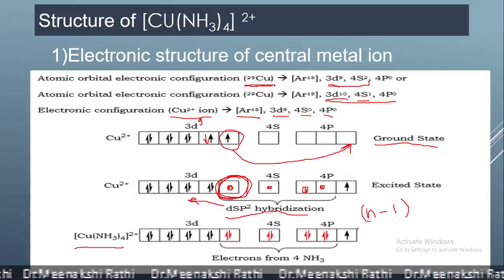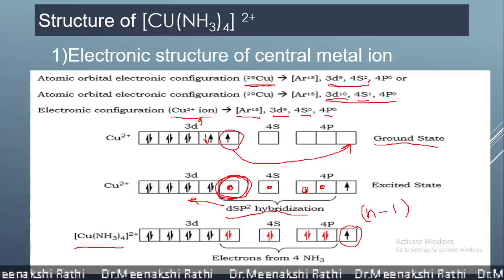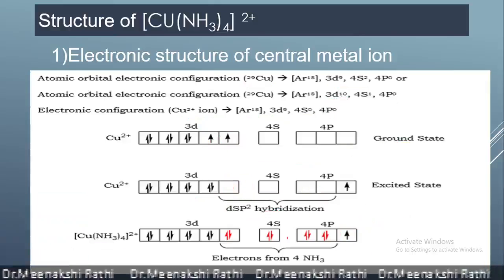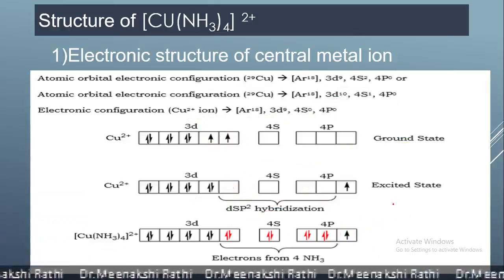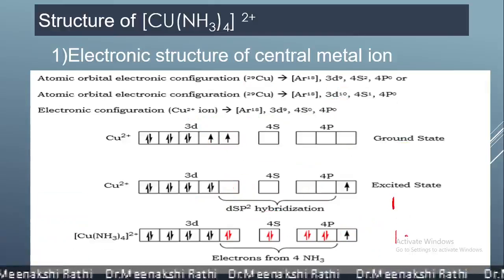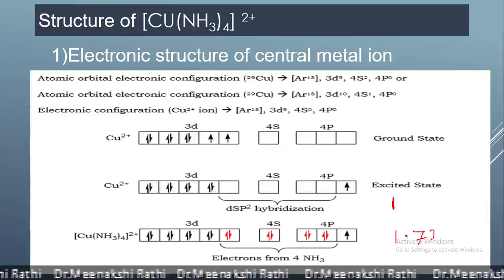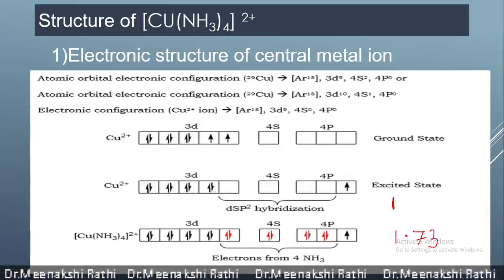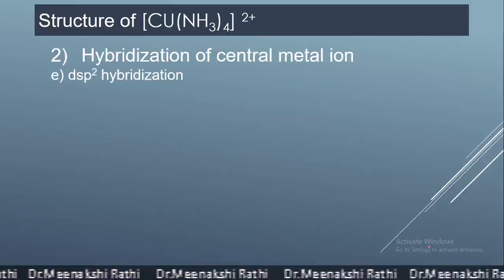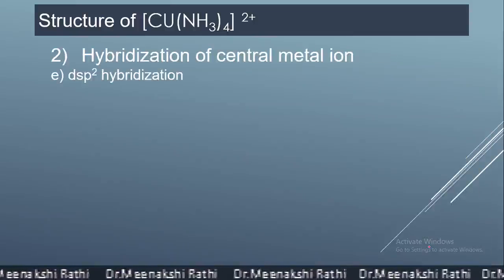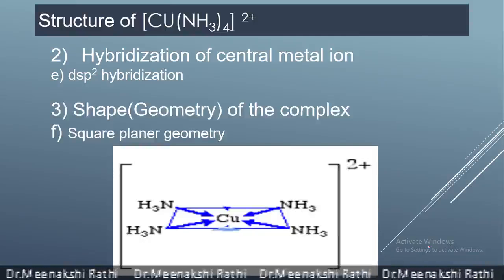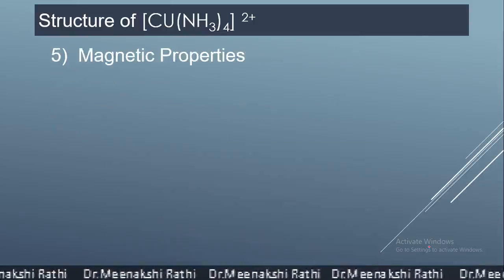This complex has one unpaired electron, so it is paramagnetic in nature, and its magnetic moment, for one unpaired electron, would be 1.73 Bohr magneton, which is calculated by the spin only formula. So see here, the hybridization of tetraamminecopper is dsp2, the shape is square planar, which is represented in this diagram.